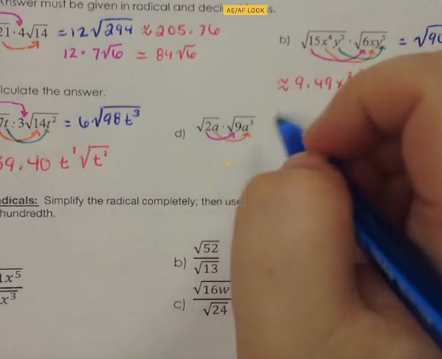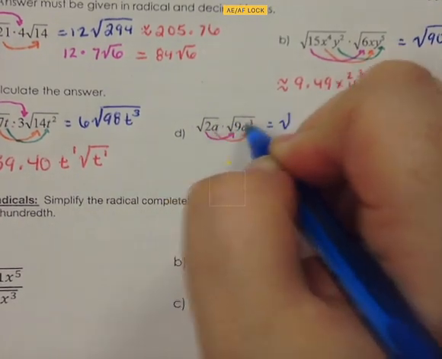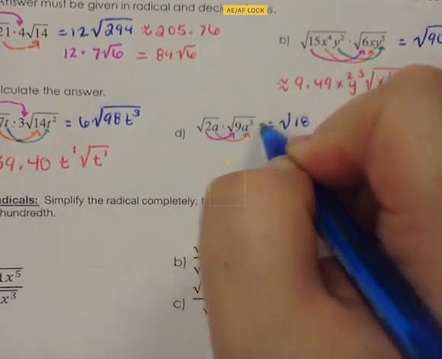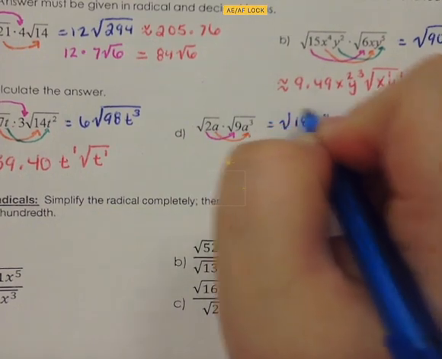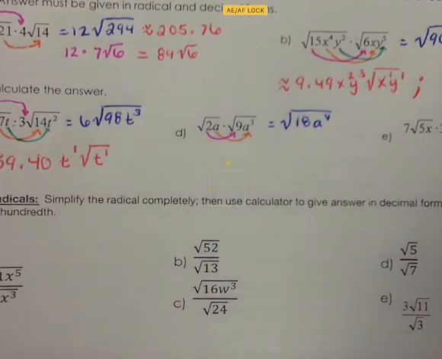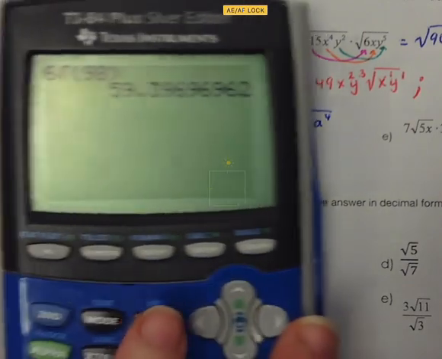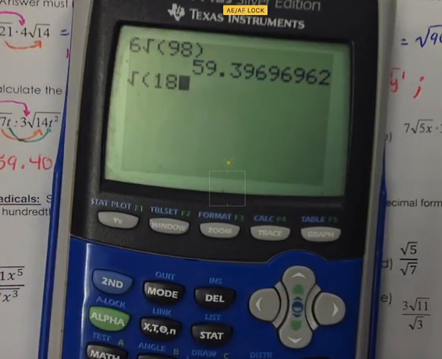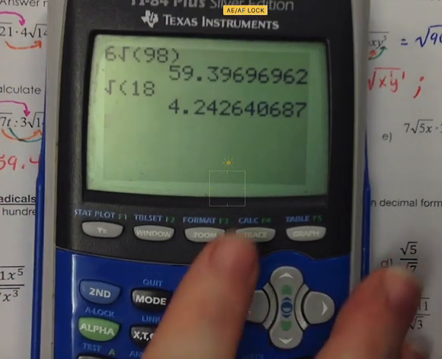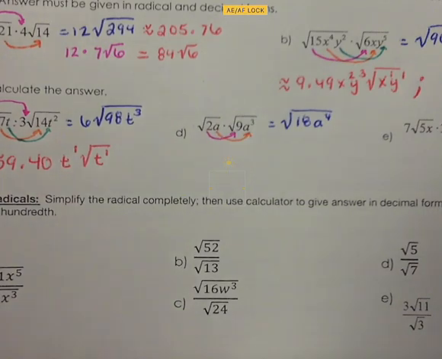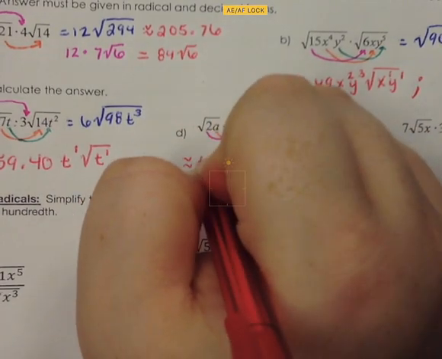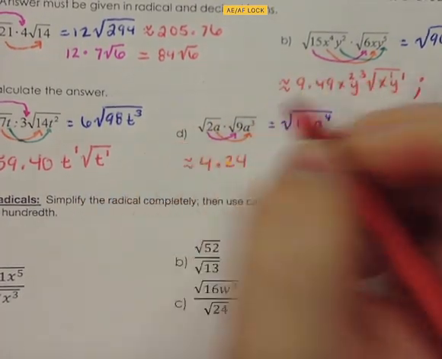So we have the square root of 2 times 9 is 18. A times a cubed is a to the 4th. Okay. So we're going to simplify by taking the square root of 18. We get 4 and 24 hundredths. So this is approximately 4 and 24 hundredths.